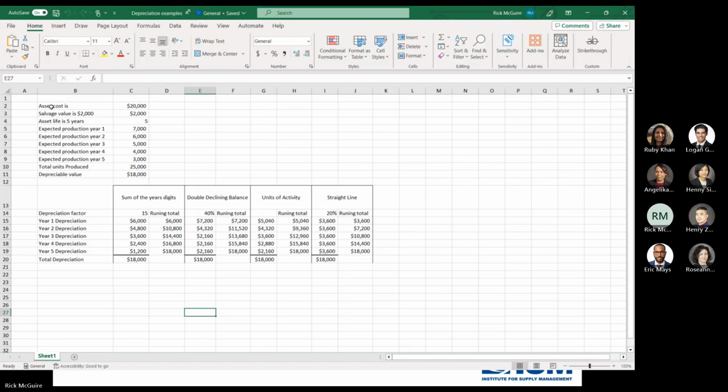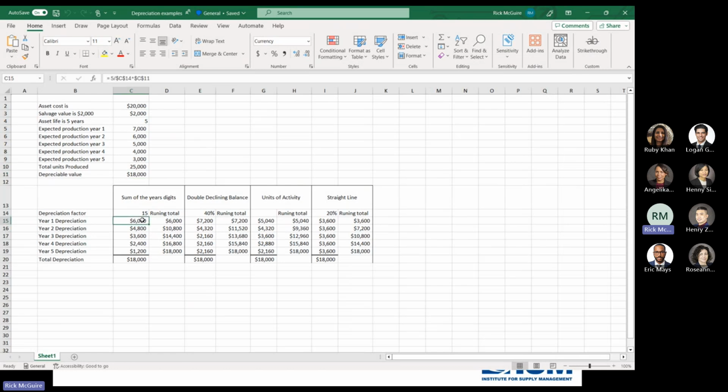All right. So here's your asset, here's your salvage value, average life, production per year, total units produced, depreciable value, what's left over after 5 years. Or no, that's 20 minus 2 is 18. That's the depreciable value that you're going to depreciate.